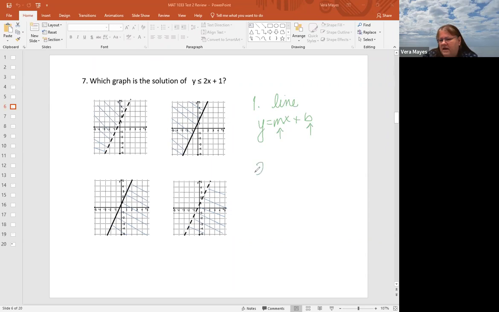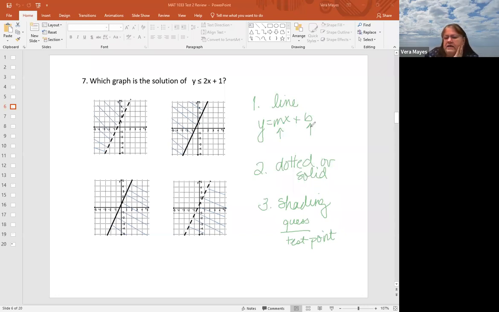Once I get my line, then I have to decide, is it dotted or solid? And then I have to do my shading. So you can either use a guess or you can use a test point. So let's kind of work through this one and see what it looks like.